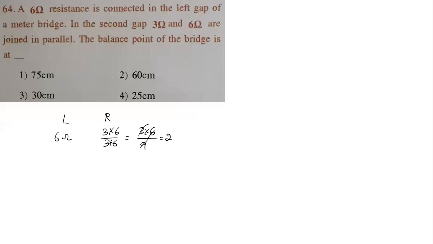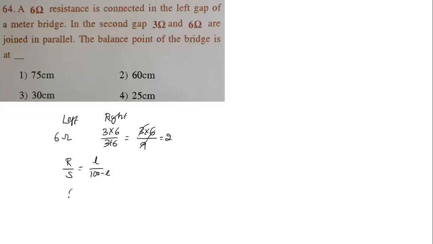The balancing length we need to find out. It is simple. What is the formula? R by S equal to L by 100 minus L, where R is the left gap and S is the right gap.